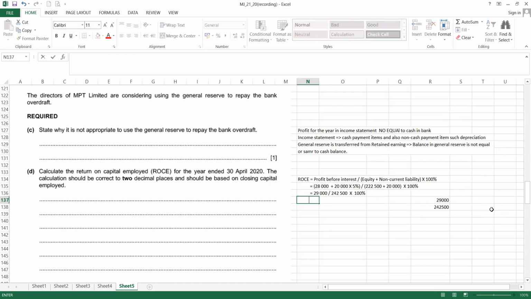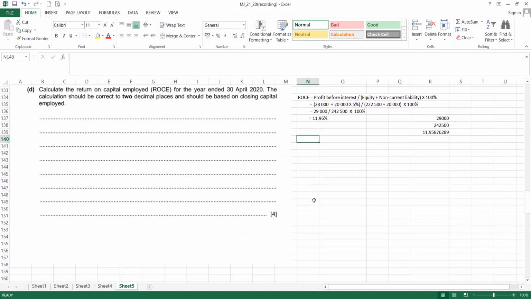So 29,000 divided by 242,500 times 100% gives us 11.96. The question says 2 decimal places, so we round to 2 decimal places. This is the answer that we get.